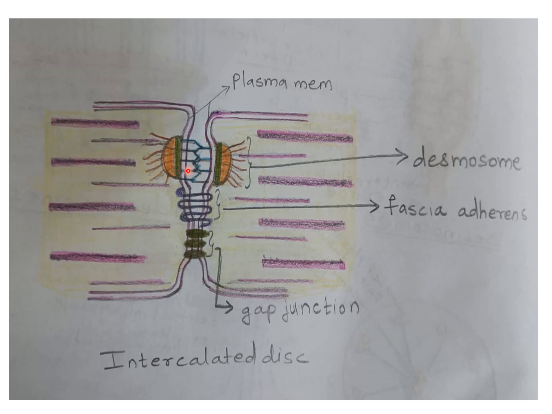So which are those three junctions? First is the desmosome. This is the desmosome. Other is fascia adherens, and the third one is gap junction. So here this is the desmosome. You can see the inner aspect of the cell towards the cytoplasm.